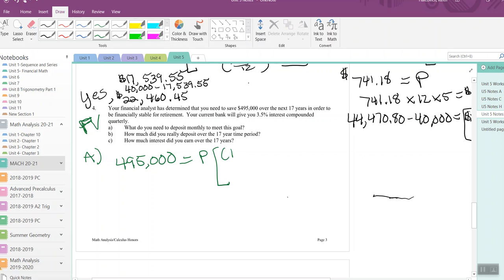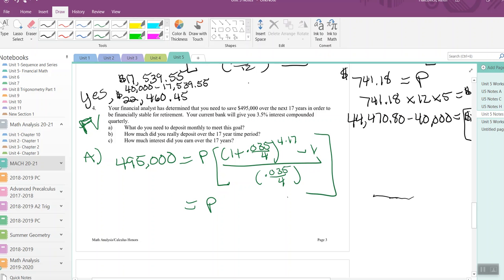So you're going to go (1 plus 0.035 over 4) to the 4 times 17, minus 1, over 0.035 over 4. And then to find that, you divide, and you get that you would have to put in $5,358.17.